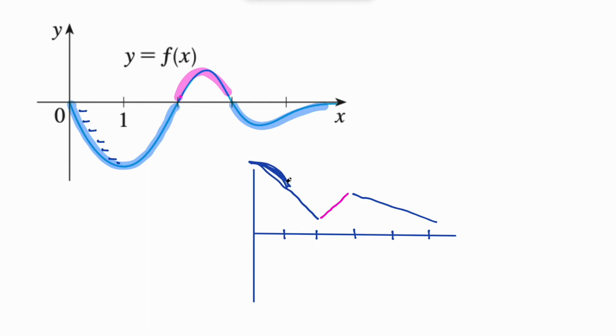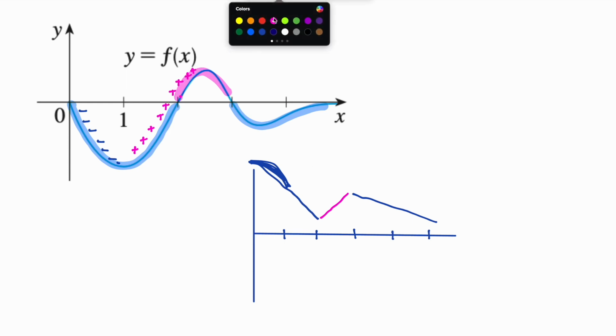So we're looking at a concave down. And then from 1 to 2.5, it is increasing, which means it becomes concave up.